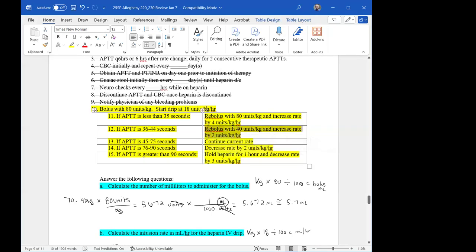It tells us to rebolus with 40 units per kilogram and increase the rate by 2. The trick here is just knowing that you're going to use a different bolus number, 40, which is half of the original, and you're going to increase the original rate by 2. So if the original rate was 18, we're going to increase it to 20.